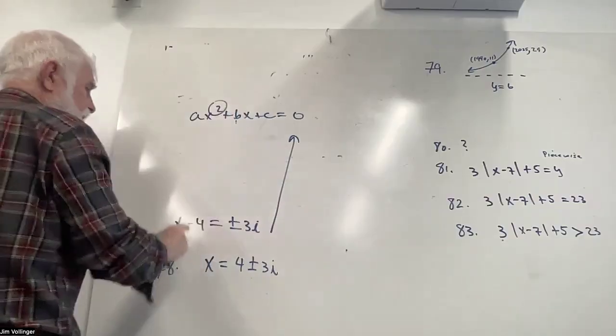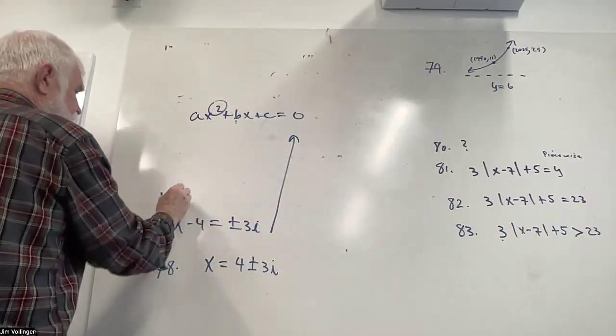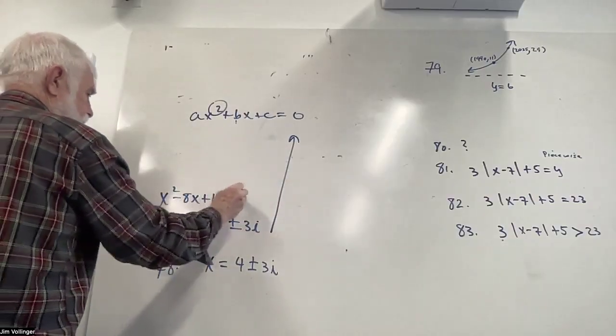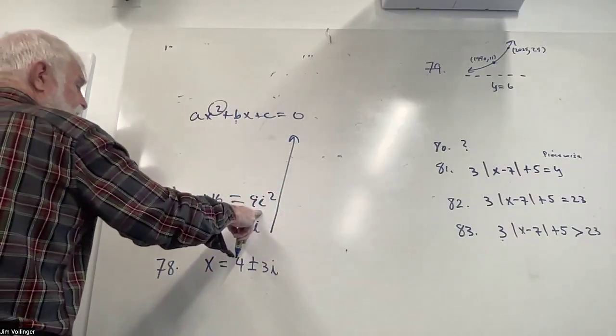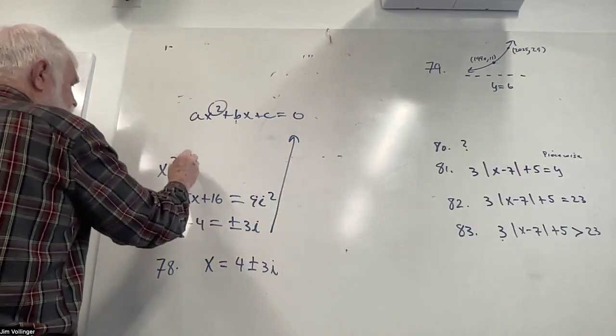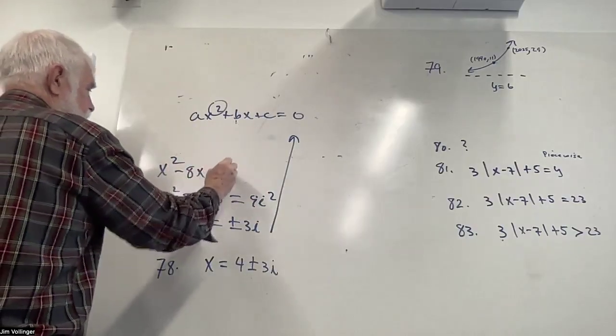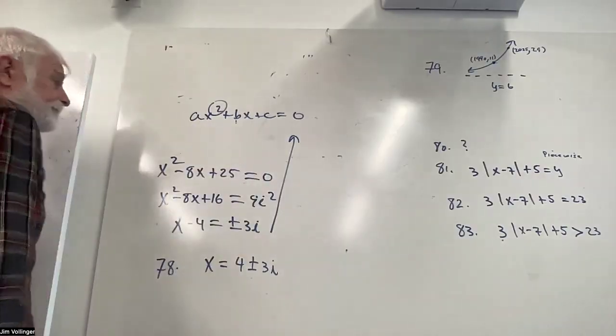I want squaring, so I'll square both sides. I know 9i squared is negative 9. I'll bring it to the other side. And I'm done.